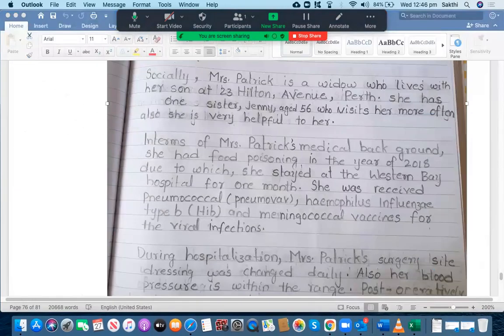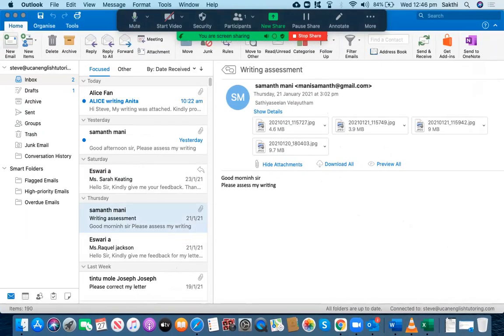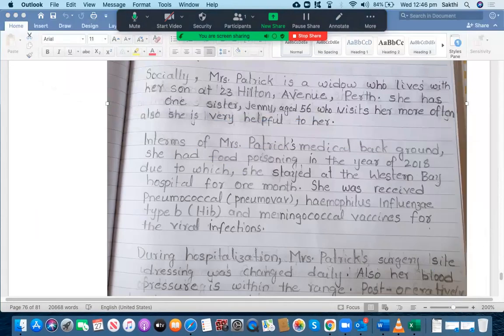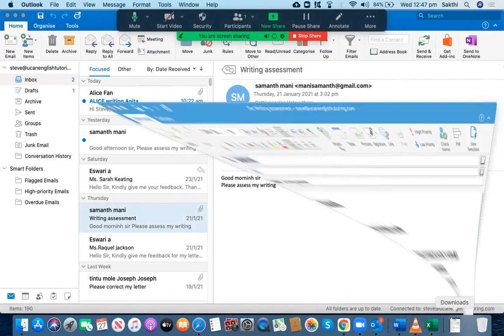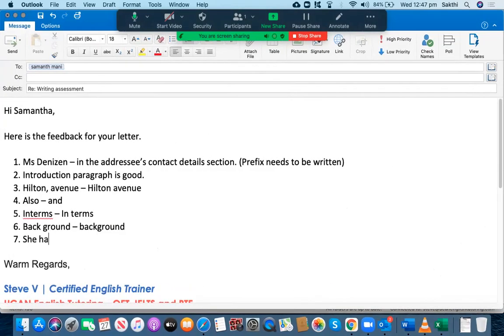She had food poisoning in the year of 2018. Now you don't need to use had food poisoning because it may occur in the future as well. So she has had food poisoning. She doesn't need to say in the year of. So it's going to be she has had.